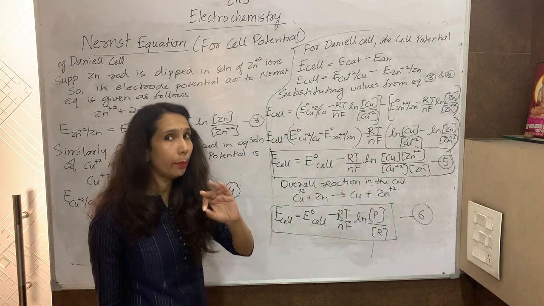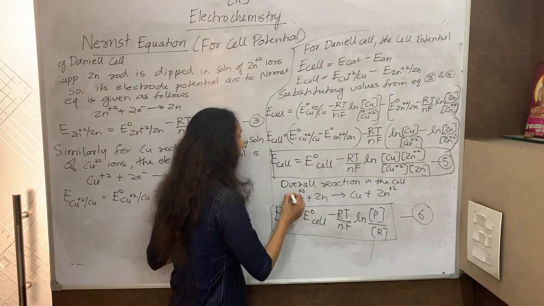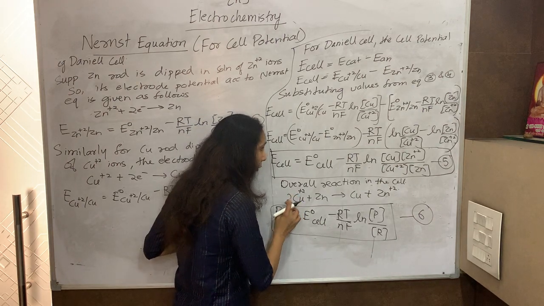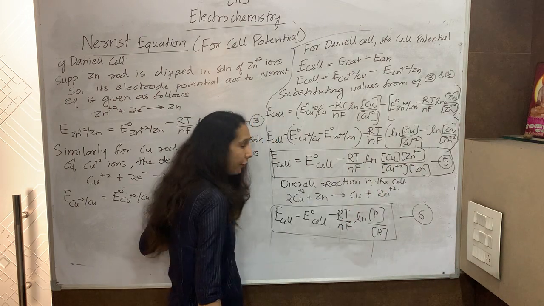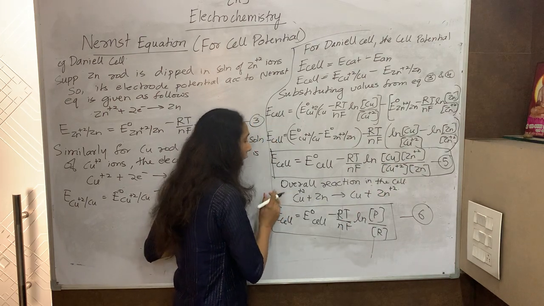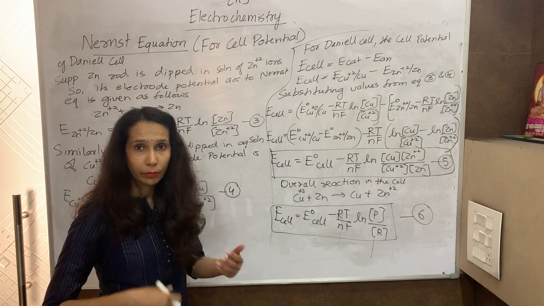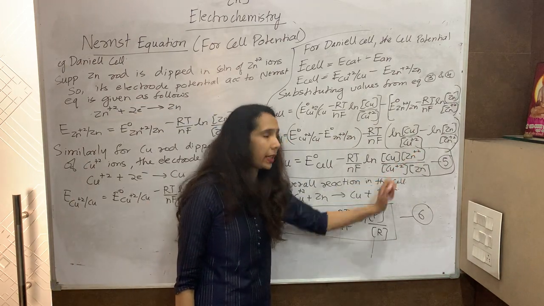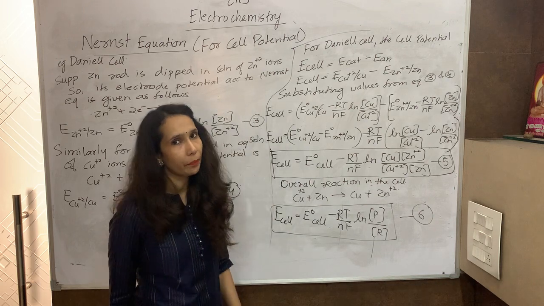Now one thing you have to remember here. If there are any stoichiometric coefficients, suppose there is 2 here, then it will go in the power. The Daniell cell does not have any, but other examples you do may have stoichiometric coefficients, and those will go in the power of the respective concentration of the ions.